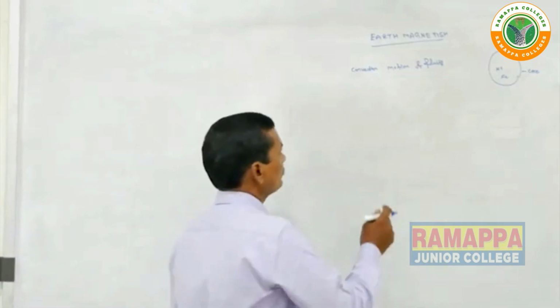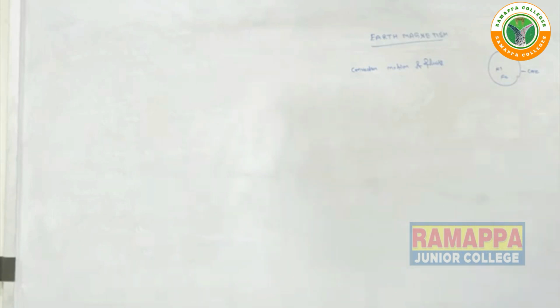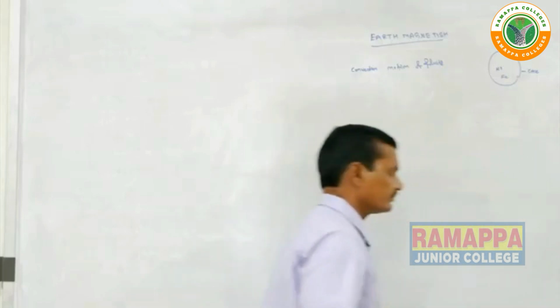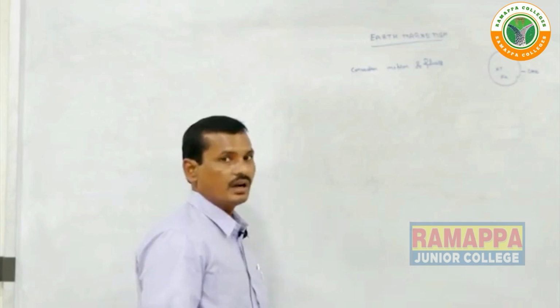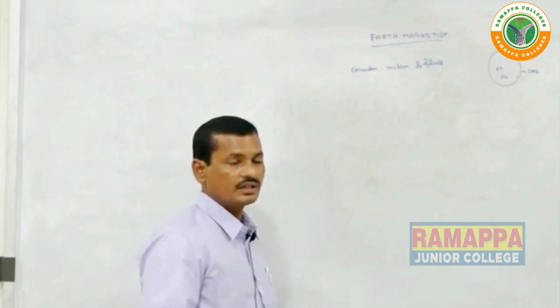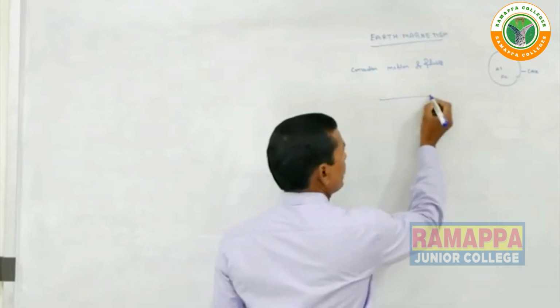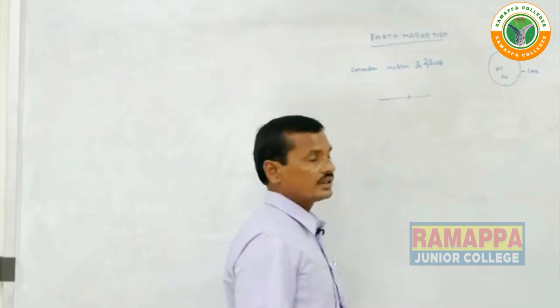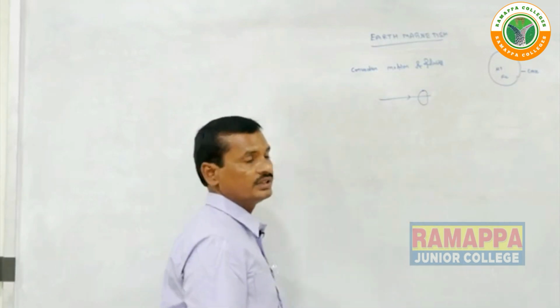In moving charges and magnetism, the scientist Oersted pointed out one thing: when current passes through a conductor, a magnetic field is induced around the conductor like this.